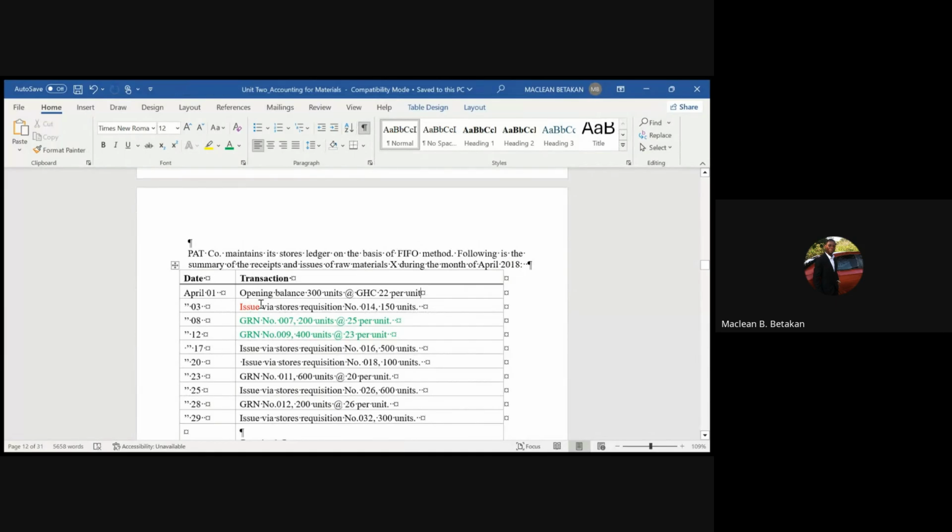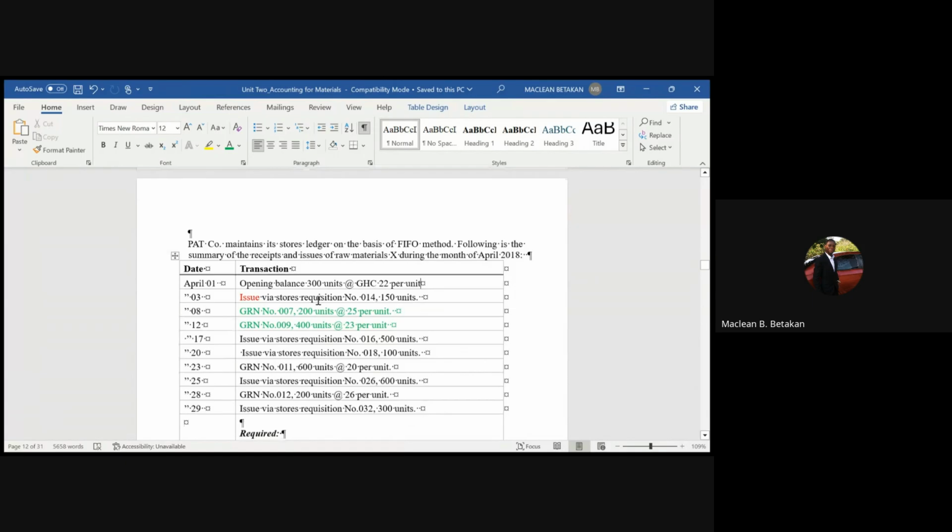Then our first issue is 150 units. Now this 150 is issued out of the 300 units. Because we are issuing based on first in, first out, the first item in stores is valued at 22 cedis. So we issue 150 by 22 cedis.